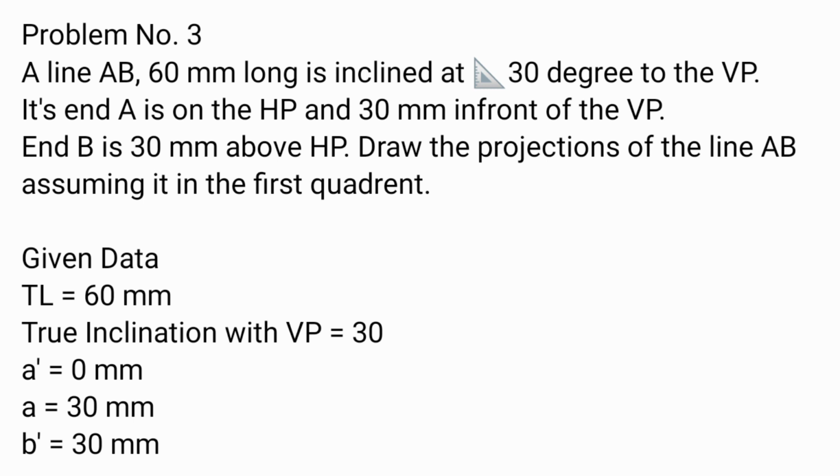Data given: true length is 60 mm, true inclination with VP, that is phi, is 30 degree. A dash is 0 mm because end A lies on HP. A is 30 mm, that is 30 mm in front of VP. B dash is 30 mm, that is end B is 30 mm above HP.